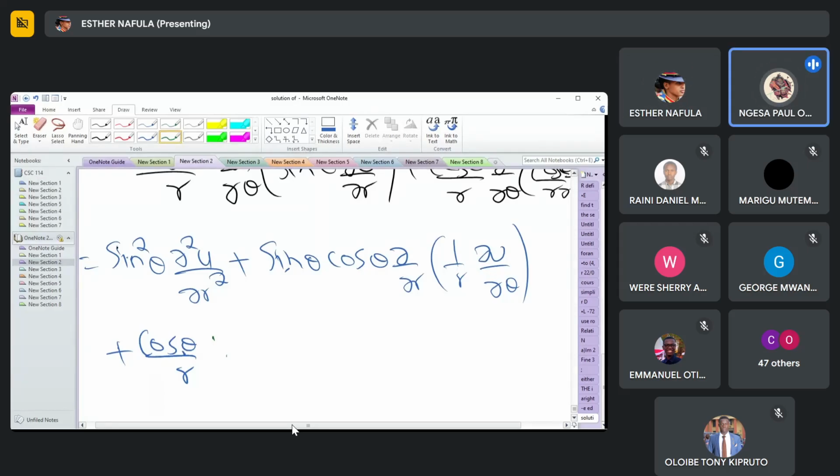Of partial theta of sin theta partial u partial r. Plus cos theta over r squared partial theta of cos theta partial u partial theta.